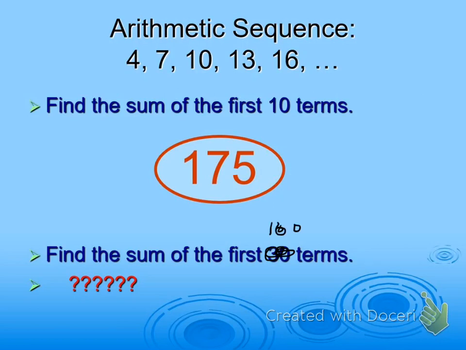Legend has it, Johann Gauss, who is a famous German mathematician, legend had it that his first grade teacher wanted to give the kids a project that would take them a little bit of time in first grade. And he said, guys, I want you to write out the first 100 terms, and I want you to find the sum.